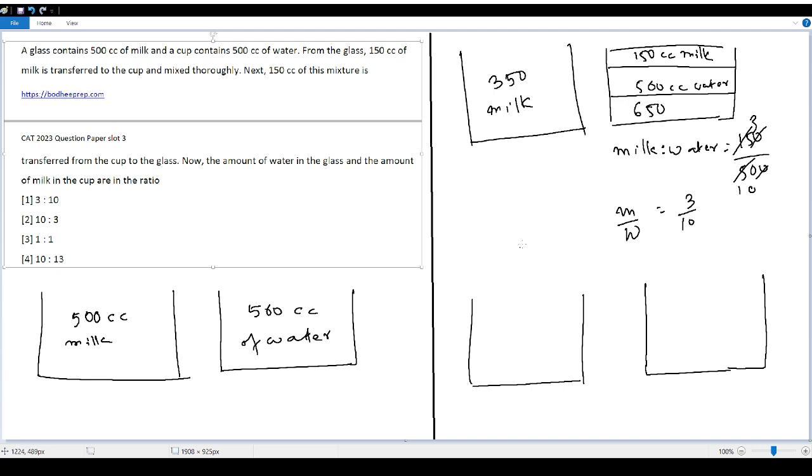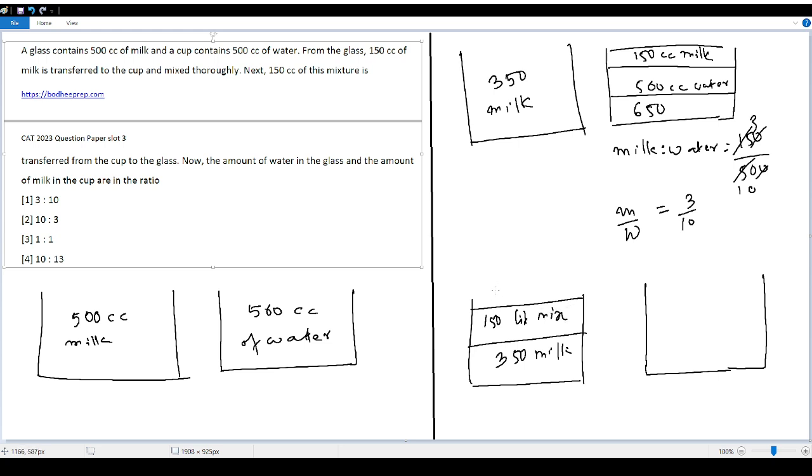Now what is happening is that 150 cc of this mixture is transferred back to the glass. So now 350 cc of milk is already there, and 150 cc of mixture came in.